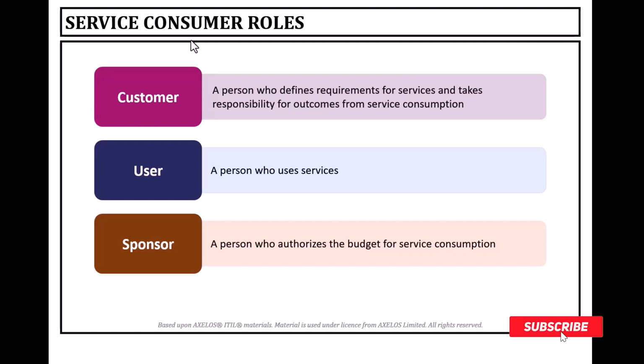The Chief Financial Officer, the CFO, will fill the role of sponsor when they review the proposed service management and approve the cost of the contract as negotiated.